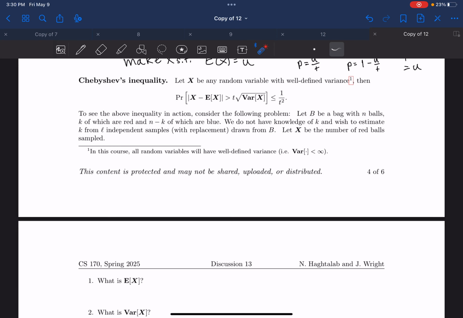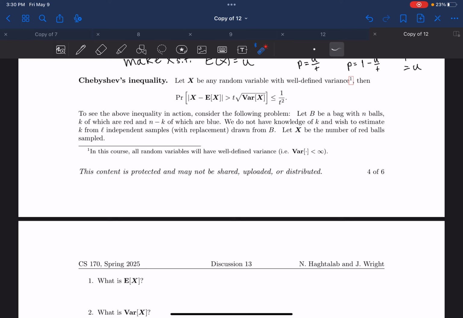In this part we are asked about Chebyshev's inequality. Chebyshev's inequality is defined below: for any x as a random variable with a well-defined variance, this inequality here is true. We're going to be using this inequality in the following problem, so we'll mostly go over the problem and come back to Chebyshev's inequality when it's useful. In this problem, we're given a bag with n balls, k of which are red, and the remainder of which are blue.